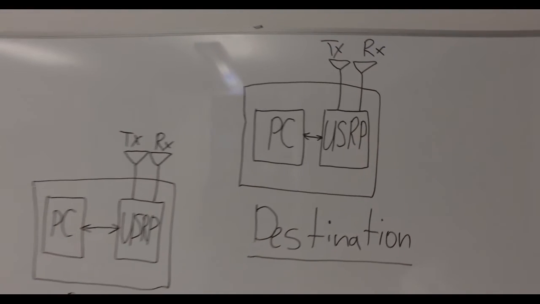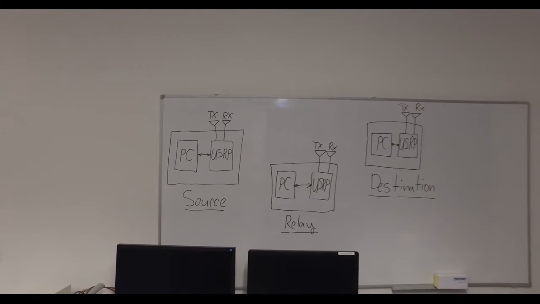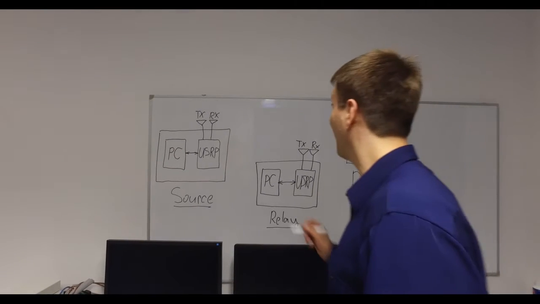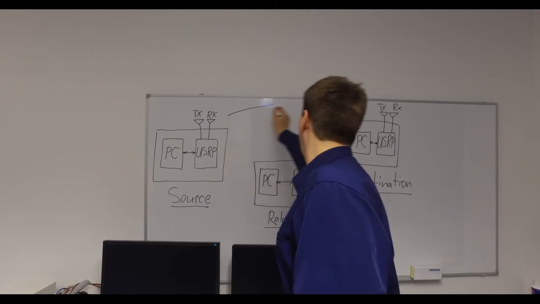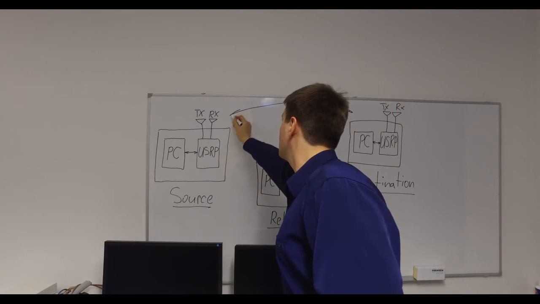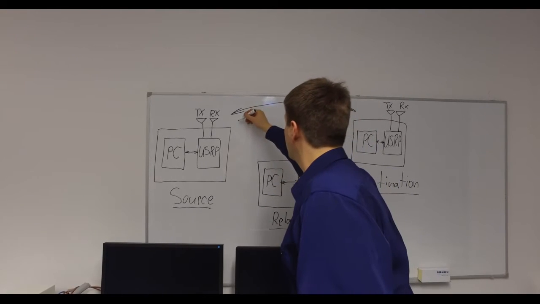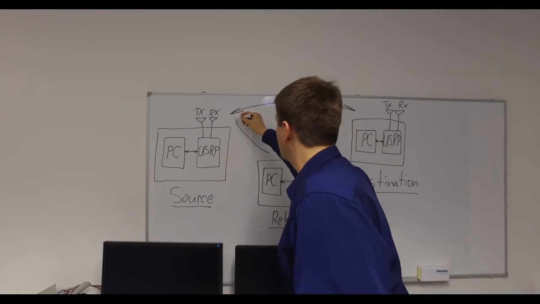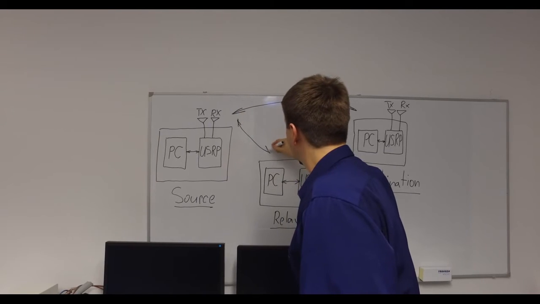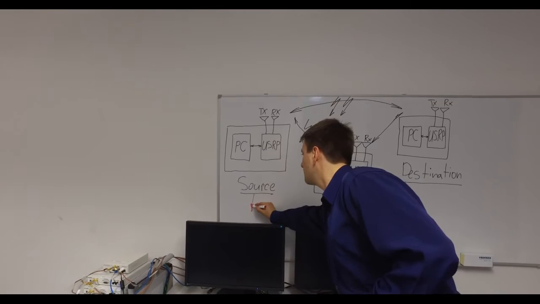The nodes communicate with each other over radio channels with different parameters. The channel between the source and the destination nodes is very noisy, which introduces a lot of errors into the packet transmission. The channel between the source and the relay is better, but still noisy. And the radio channel between the relay and destination nodes has very high SNR.